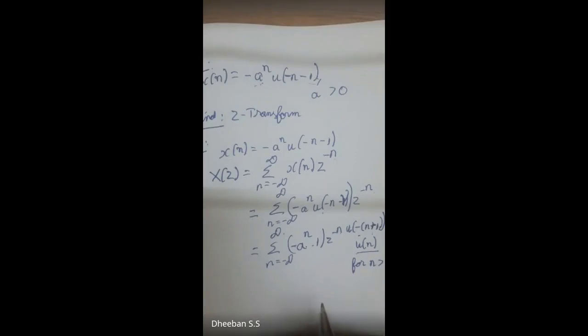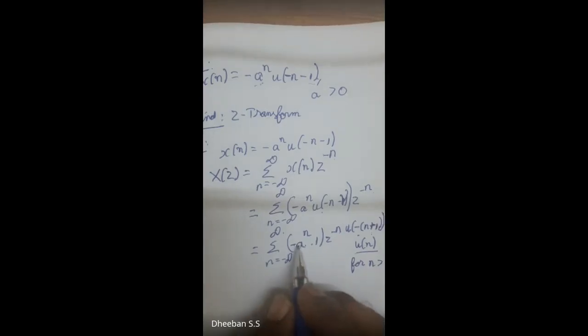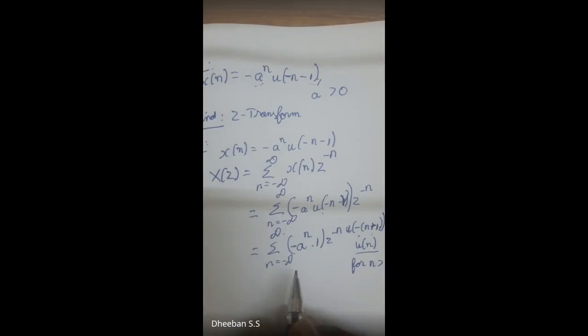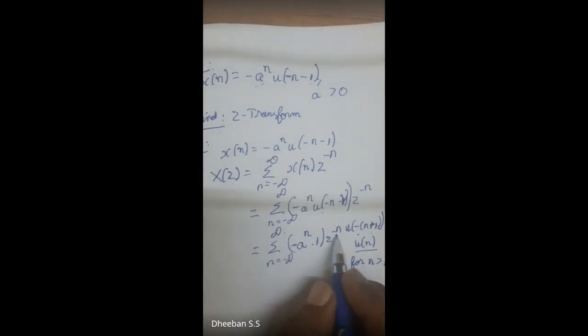Here the power is minus n, so you can take this n common out.